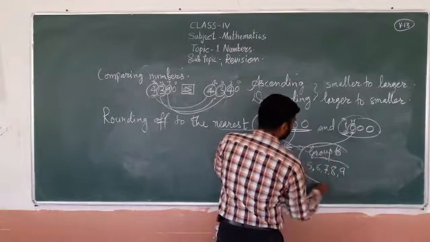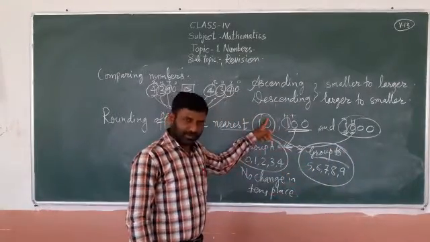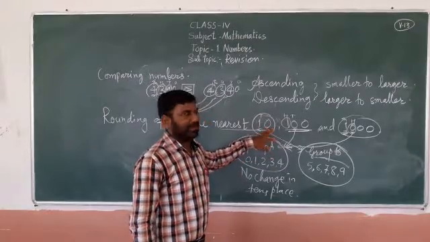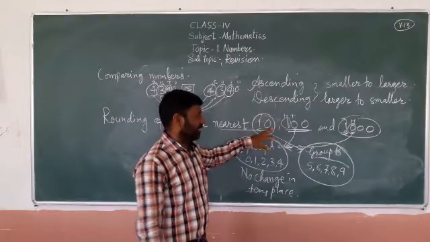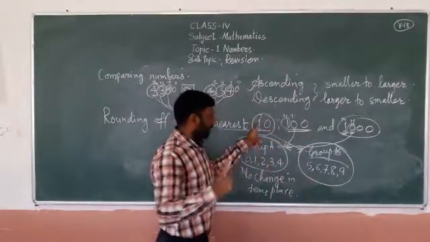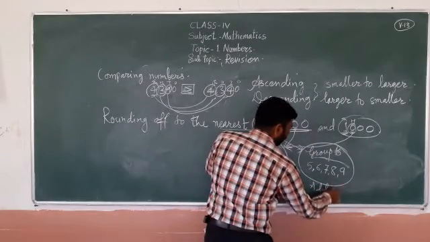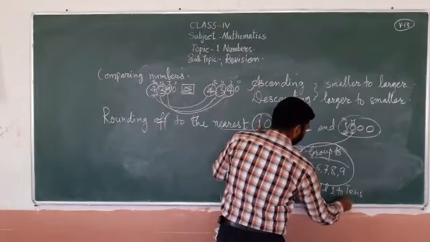If the ones place is from group B, instead of 0 there is 5, or 6, or 7, or 8, or 9, then we will have to add 1 to the tens place.